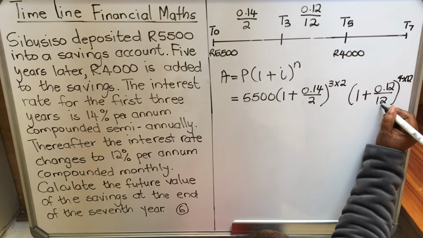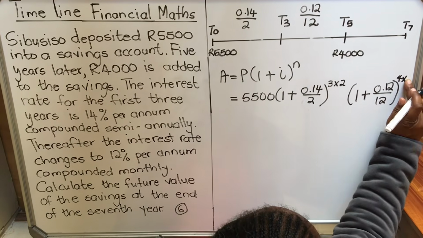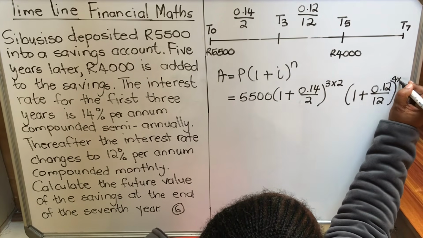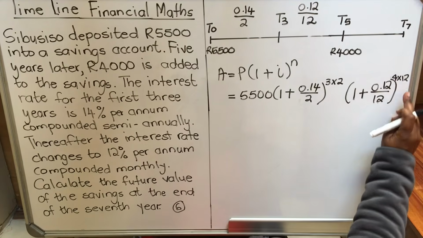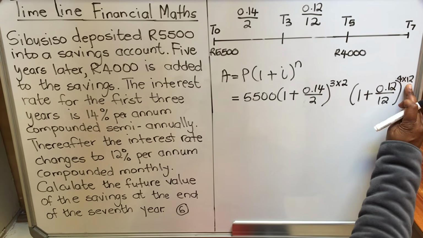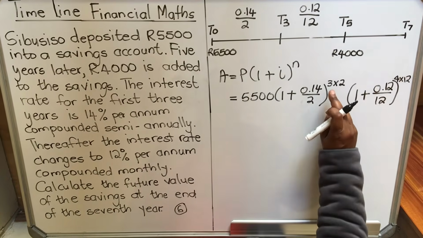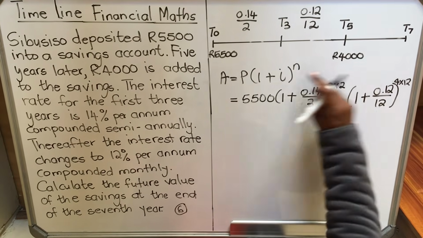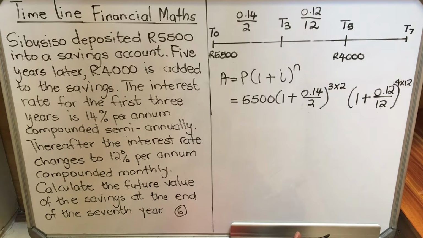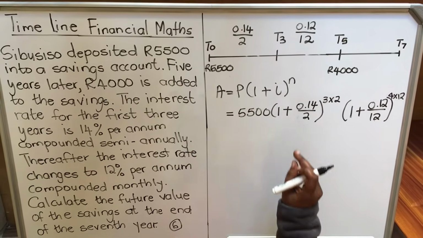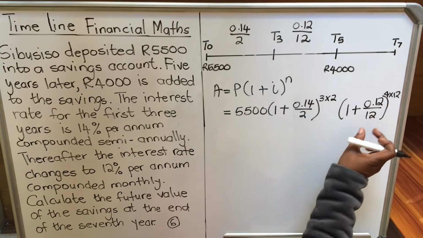Let me write my 4 times 12 properly. So this 12 is for compounded monthly, and the 4 is the remaining 4 years. 3 years plus 4 years. This money was in the bank for 7 years. Okay, let's look at the next one. Right, when they change interest rate, you just add extra brackets.